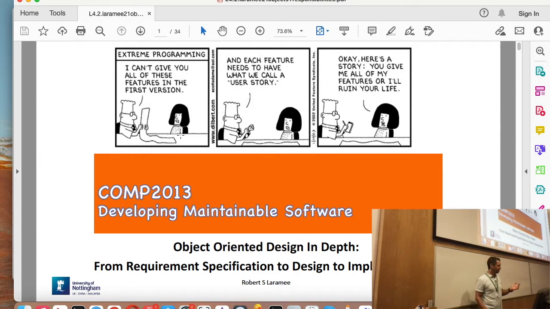So this is the most mysterious part of software engineering, the software design. And that's exactly what we're going to focus on for the next 3 weeks. The main focus is going to be on software design. It's the most mysterious part of software engineering. It's the least well understood part of software engineering, and that's why we're going to talk about it.